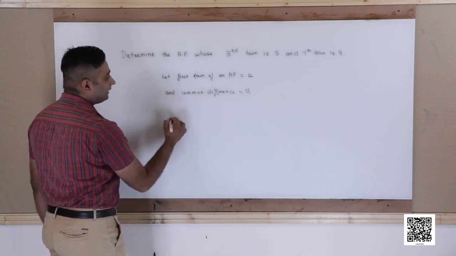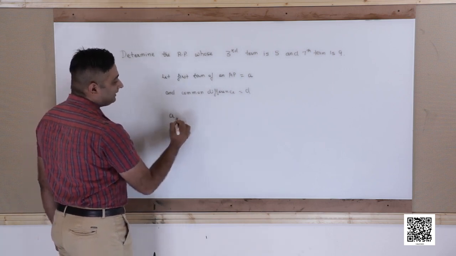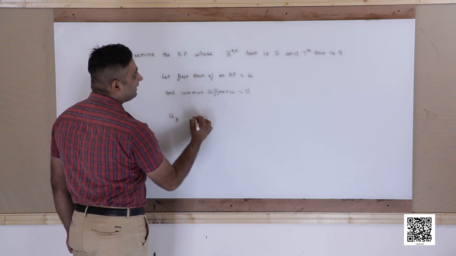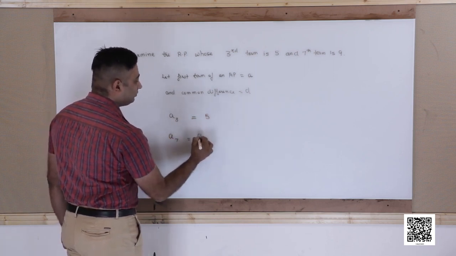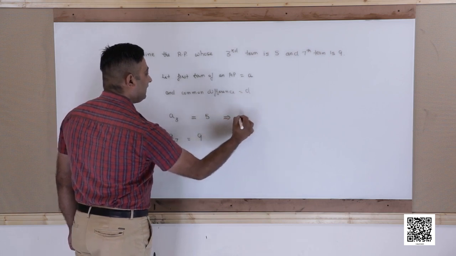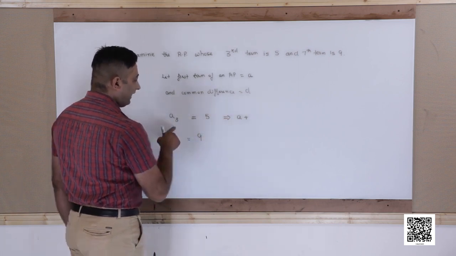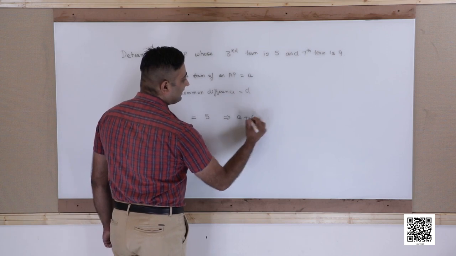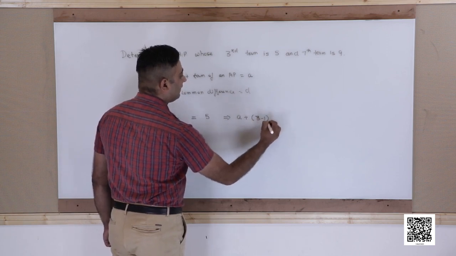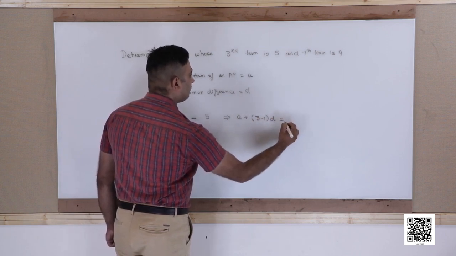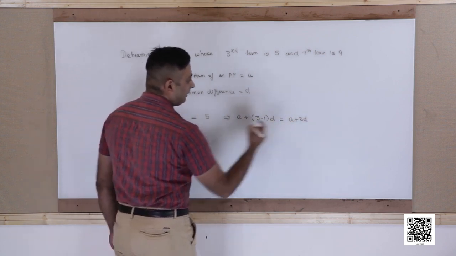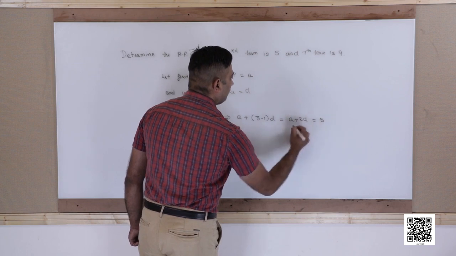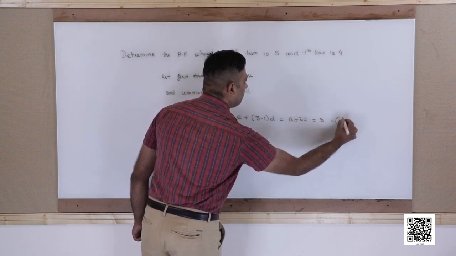Then according to the given problem, a3, that is the third term of an AP, is equal to 5 and a7 is equal to 9. This means a plus 3 minus 1 into d, which is equal to a plus 2d, is given to be equal to 5. We'll give this equation number 1.